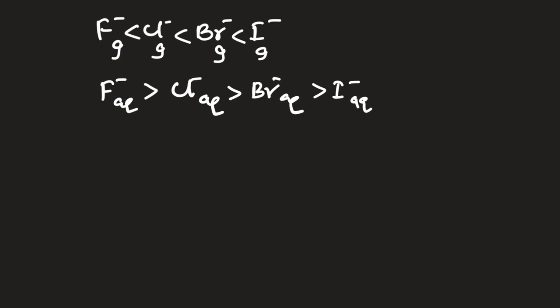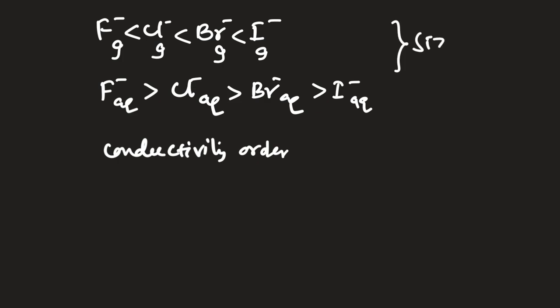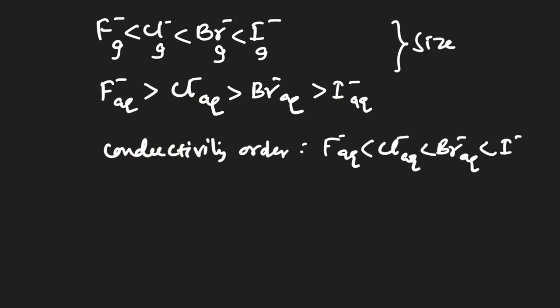Therefore, conductivity order is F- aqueous less than Cl- aqueous less than Br- aqueous less than I- aqueous, because I- is smaller after solvation and F- is larger after solvation. This is about the conductivity.